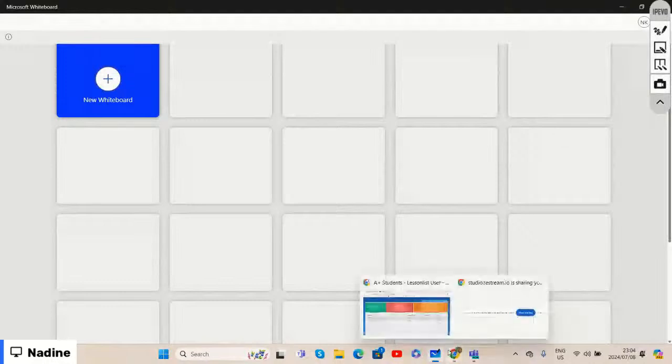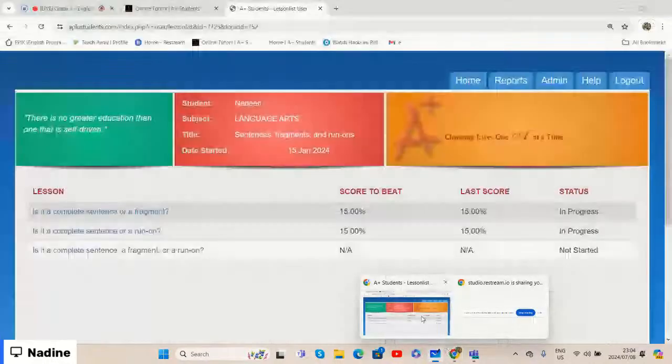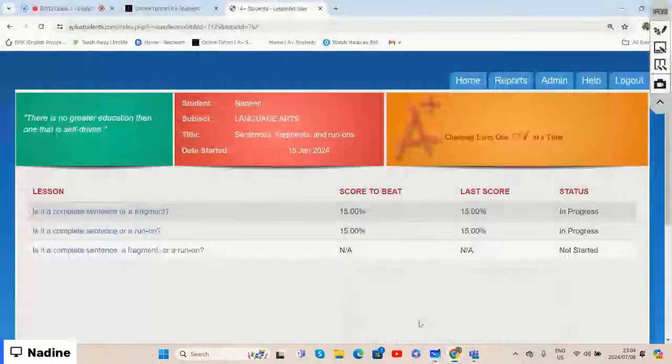All right. So our chapter is on sentences, fragments, and run-ons. And the lessons that we are going to be focusing on today are: is it a complete sentence or a fragment?